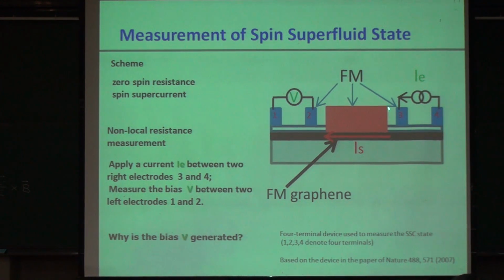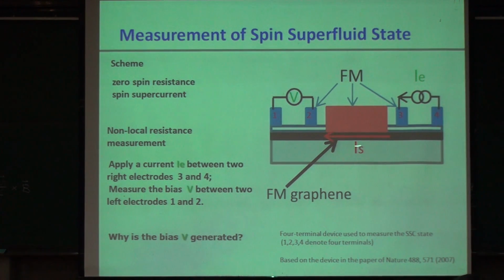Then there's another way of detecting spin current, the so-called non-local resistance measurement. Non-local resistance measurement is a pure charge transport measurement, but it can also detect spin transport, spin motion. So what's the basic setup of this non-local resistance measurement?